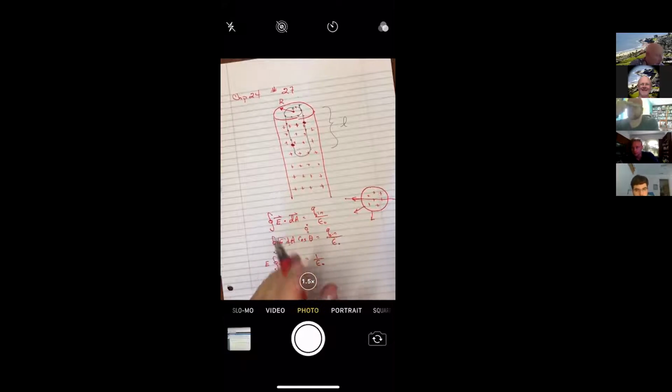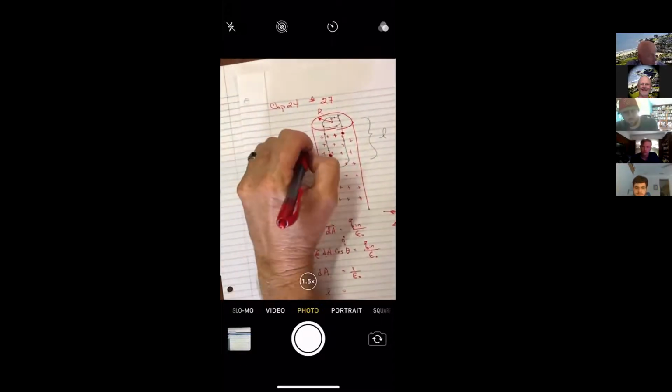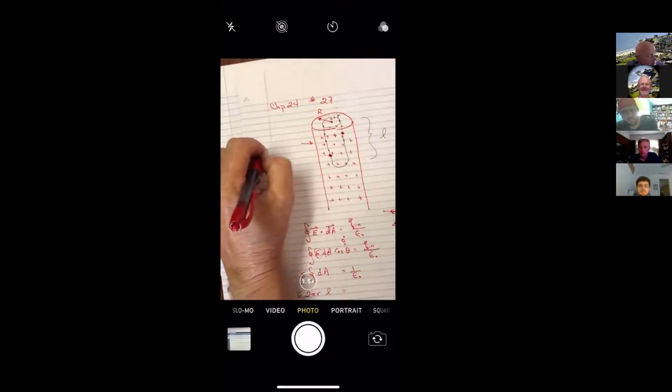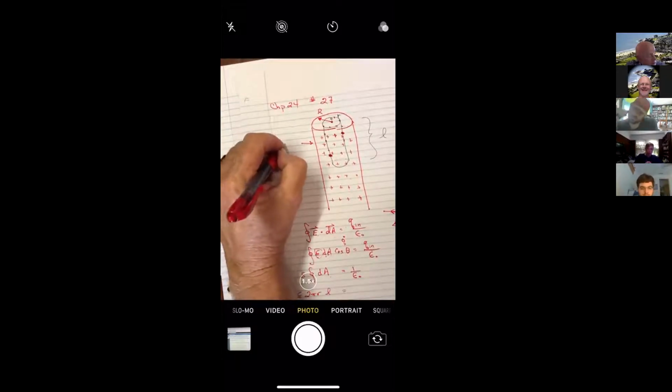Is that just charge density times volume? It is in this case, and I'm glad you asked that. I just want to prepare you for some of the harder ones. So let me come up here and say, here's how I would think about the charge on the inside. I would say it's the sum of all the charges.